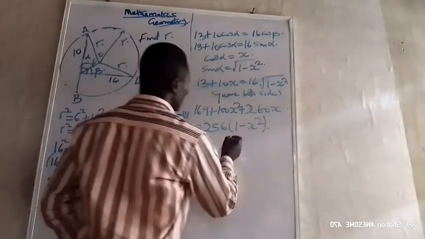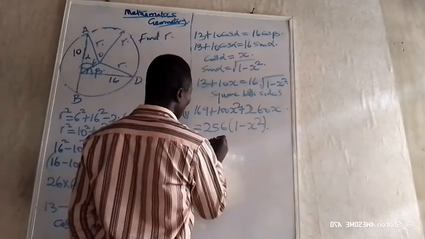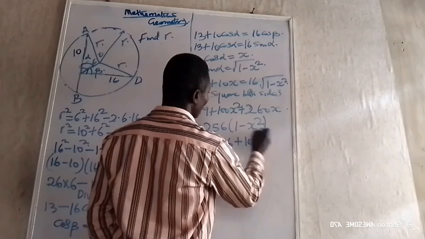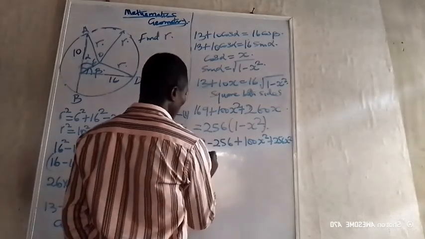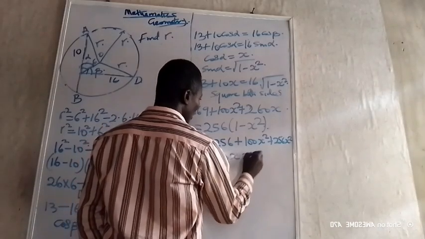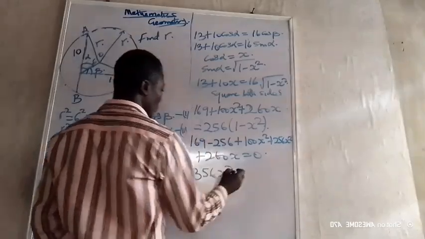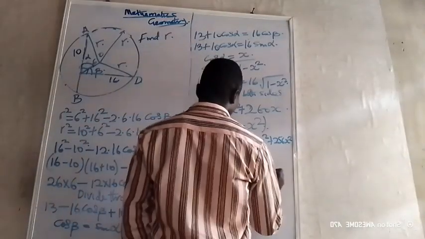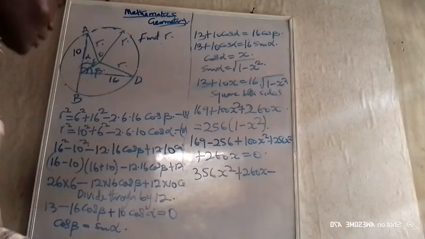So I can now make it like this: 169 minus 256 plus 100x squared plus 256x squared plus 260x gives me 0. So I have 356x squared plus 260x minus 87.